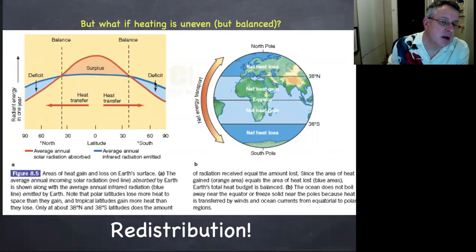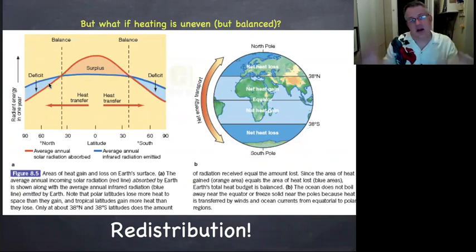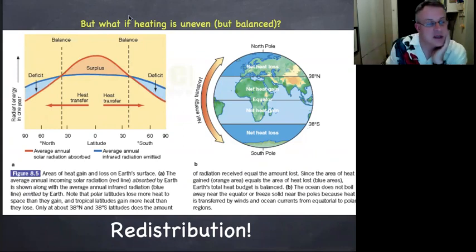On the other hand, the poles, the latitudes farther north and south of these 30-something, tend to have a deficit. They have more emissions of long wave radiation than they absorb in solar radiation. This is the annual mean picture. If we were to show you a seasonal picture, it wobbles back and forth between the hemispheres, from the summer hemisphere receiving more of this surplus, and the wintertime hemisphere receiving more of this deficit.